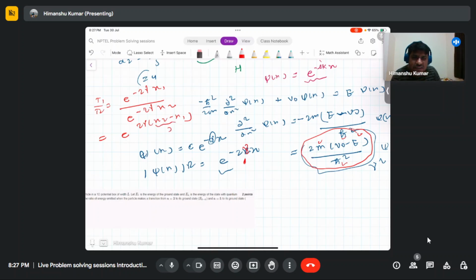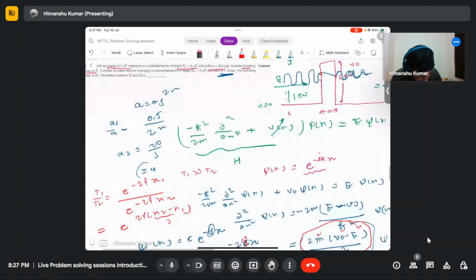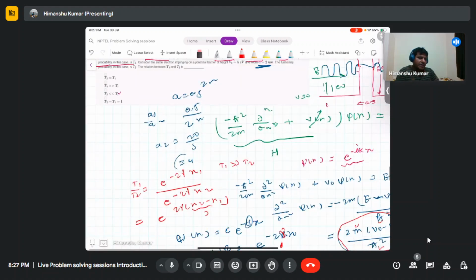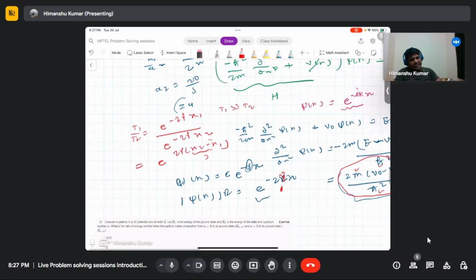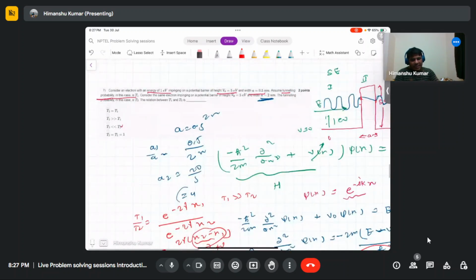So this exponential term will be very high, an exponentially increasing function. So you can say that T1, the tunneling probability, is much higher compared to T2. So the correct answer will be the third.